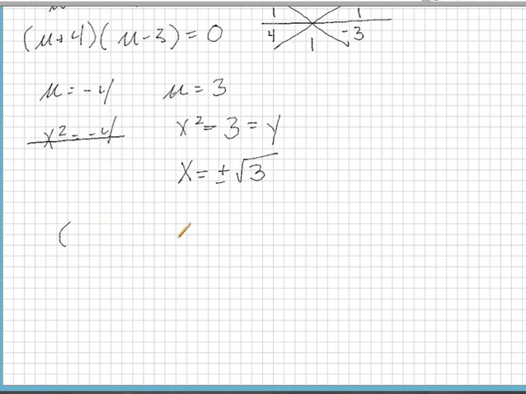So my two solutions I'm going to express as points with an x coordinate and a y coordinate. My x coordinate of my first point is going to be negative square root of 3. My y coordinate will be 3. My second x coordinate will be square root of 3, and my y coordinate will be 3. So these are your final answers for this problem.